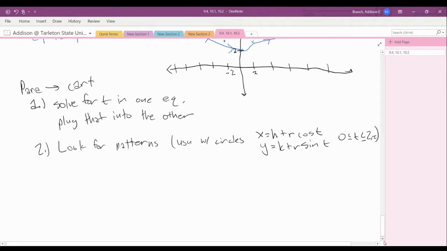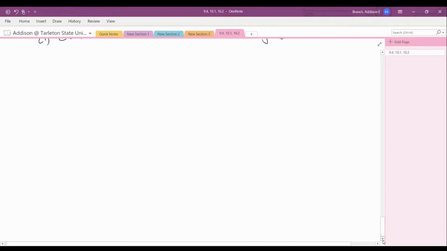For this first example, we just want to eliminate t, and they give us x is equal to t squared minus 3, and y is equal to t plus 2.